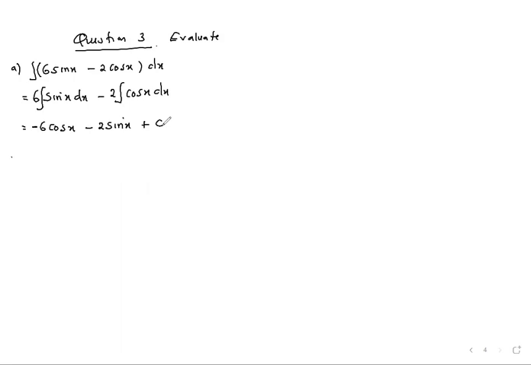And then we go to b. We have the integral of sec squared x plus 7 sec x tan x dx.